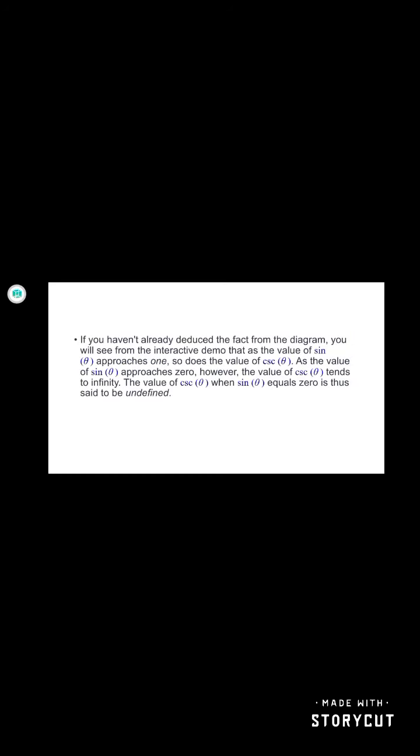If you haven't already deduced the fact from the diagram, you will see from the interactive demo that as the value of sine theta approaches 1, so does the value of CSC theta. As the value of sine theta approaches 0, however, the value of CSC theta tends to infinity. The value of CSC theta when sine theta equals 0 is thus said to be undefined.